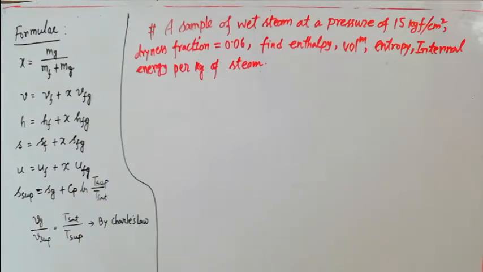It's the simple principle of Charles law. Volume is proportional to temperature if we maintain the pressure constant. Okay, so these formulae we are going to use for solving the numericals of steam tables.